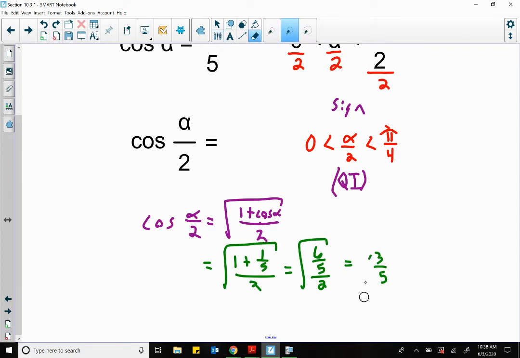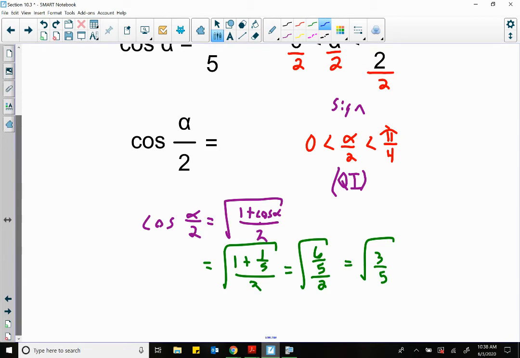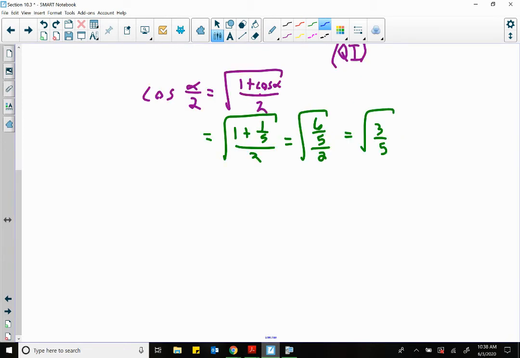And remember, you're going to have to rationalize this and separate this. As we just talked about, a fraction under the radical needs to be separated. So what we're really working with is the square root of 3 all over the square root of 5. None of these break down, but you do rationalize.